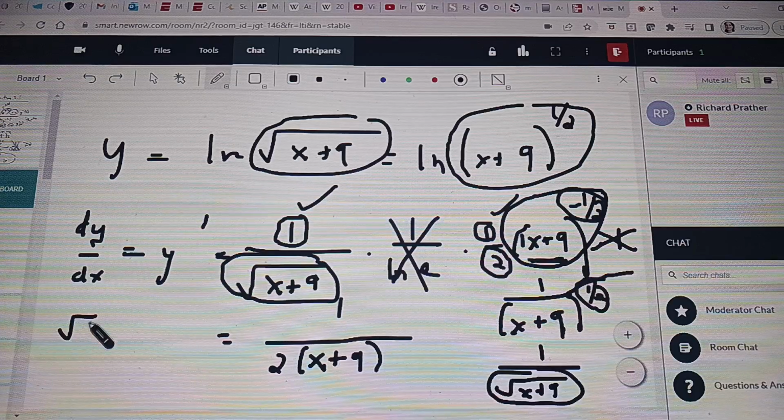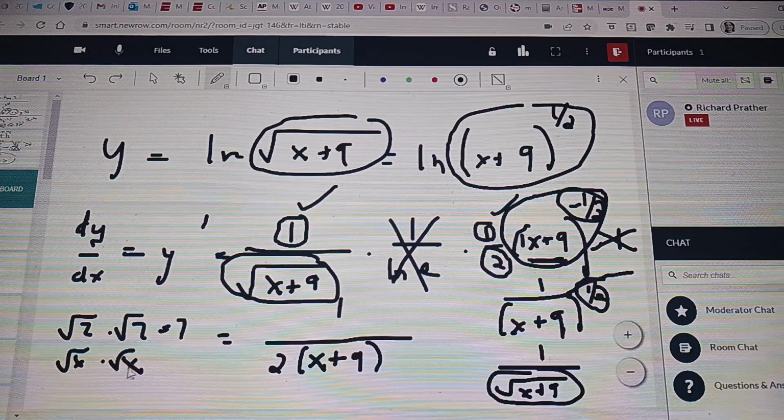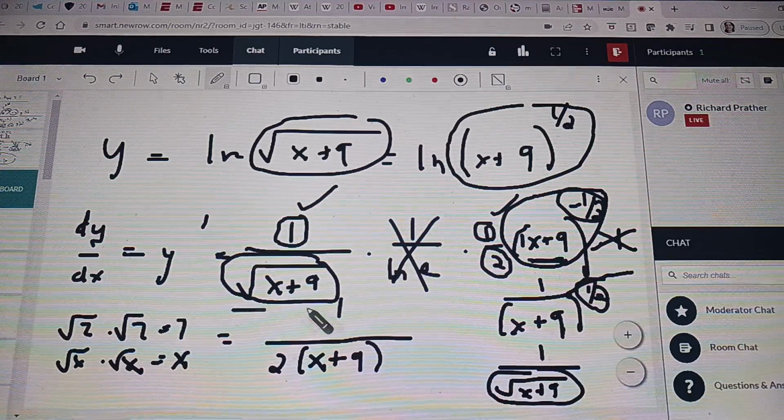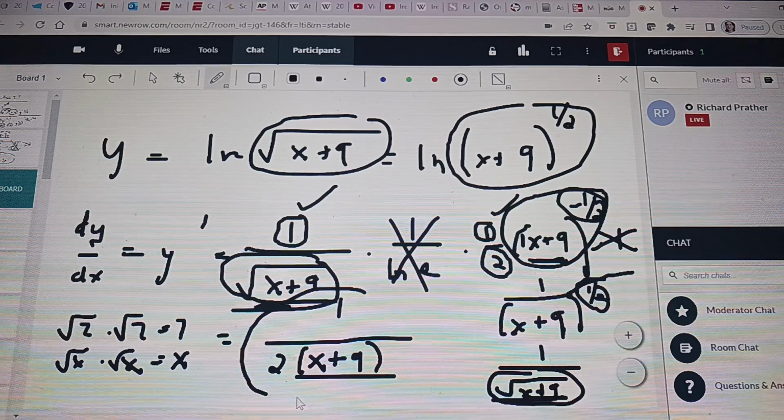That square root of 7 times square root of 7 equals regular 7. Square root of x times square root of x equals regular x. This is the basis for rationalizing denominators too. So the square root of x plus 9 times the square root of x plus 9 is just regular x plus 9. And you probably could leave the answer like this.